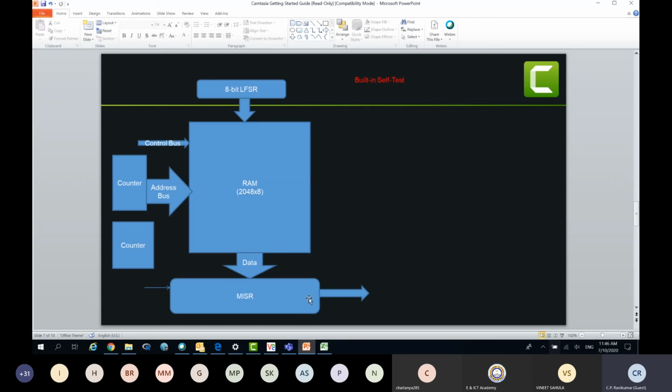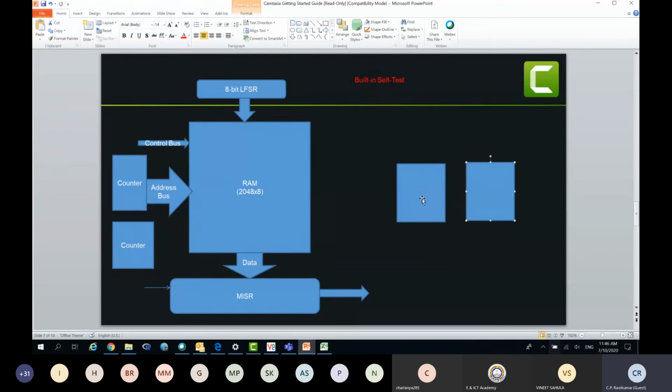So all that can be built into the circuit, right? So this is a very important block in today's SOC, right? When I showed you the other day, I told you that in an SOC there'll be a CPU, right, and then there'll be memory. So this is the CPU, and this is your memory, and then there may be other blocks like peripherals and so on. The number of memories today will be in the order of hundreds or more, right?